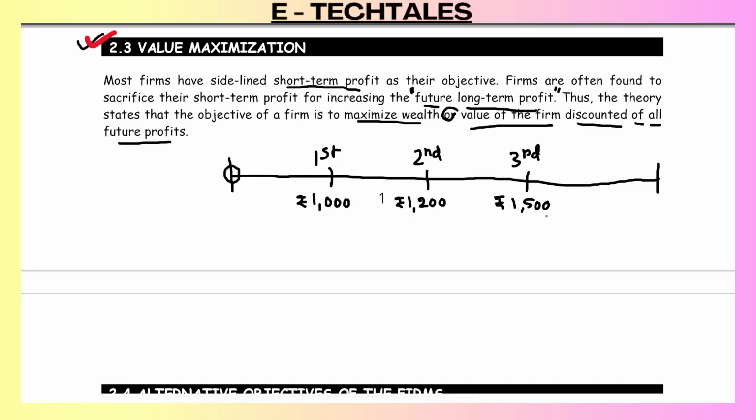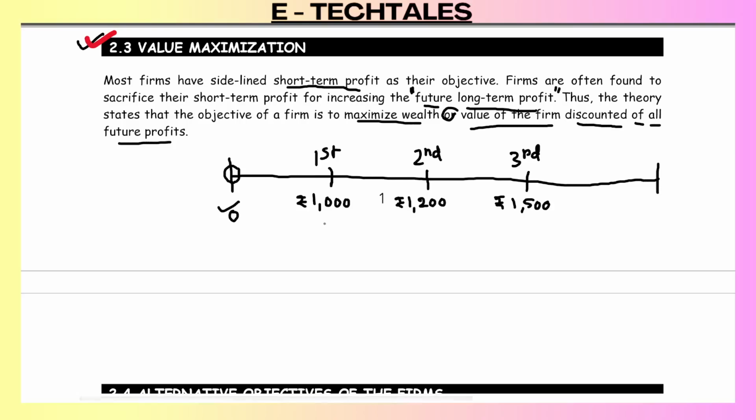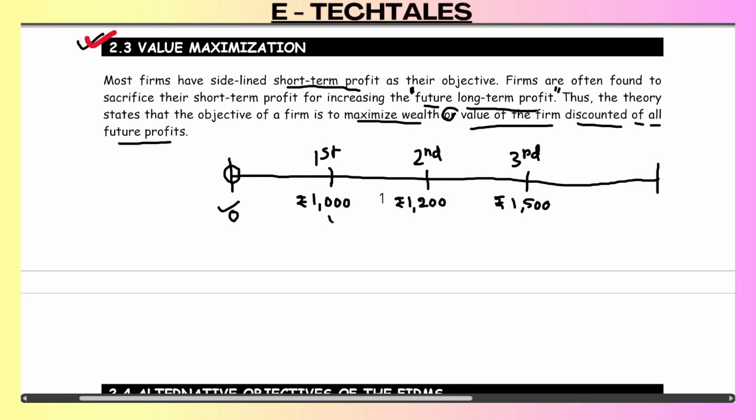So to calculate or to get the value of this whole stuff, we have to understand that standing in the present, in the present year, that is, suppose year 0, which is right now running, I want to know what is the profit that I can expect today from these profits.